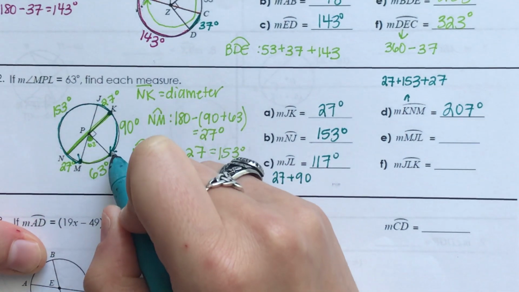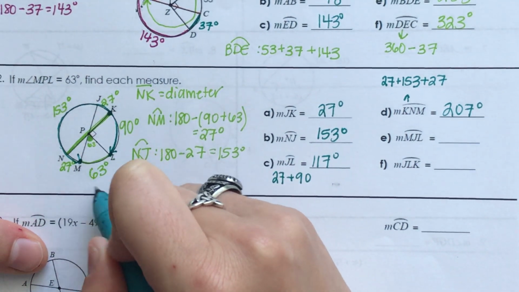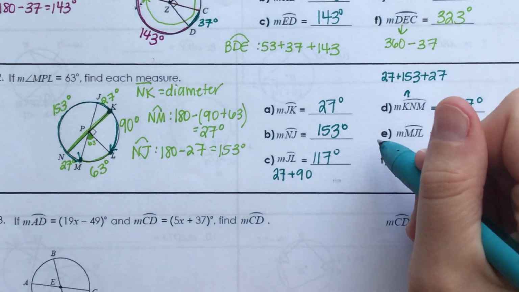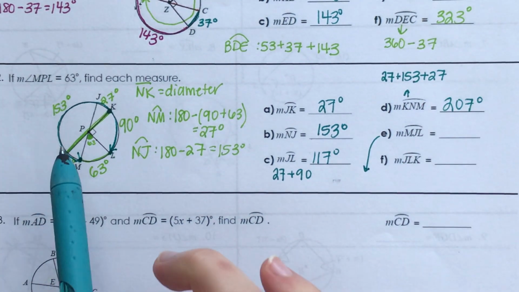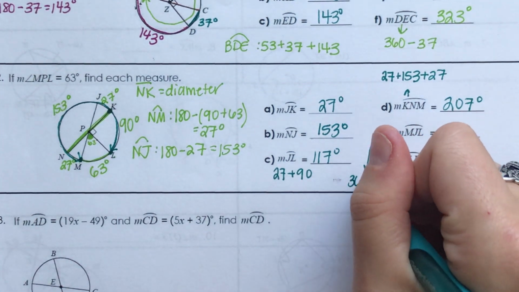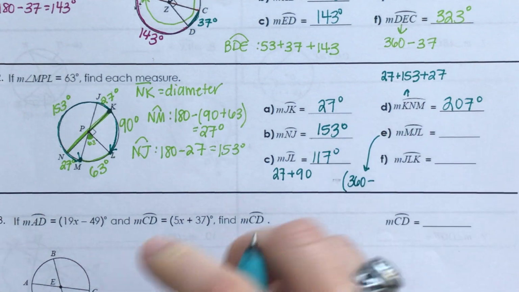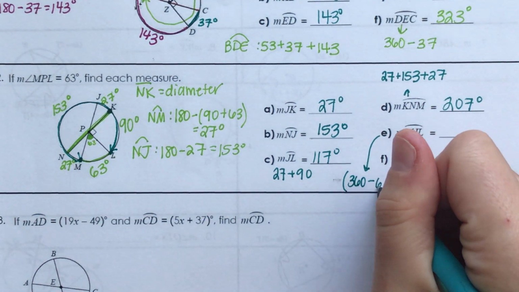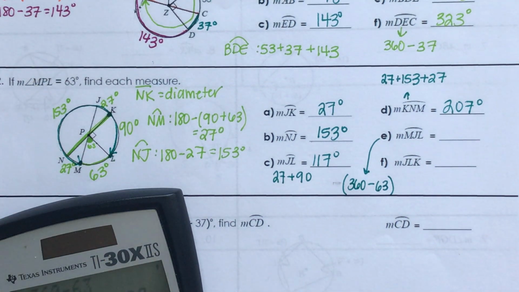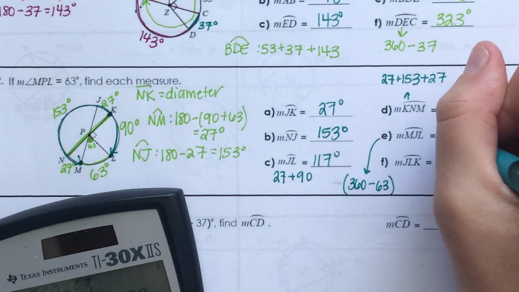It's almost the full 360, except I have to take away this little piece of 63 that's left over. So for this one, you've got two choices. You can either add up all of these pieces together, or you can do 360 minus whatever's left over, 63. And if you do that, you get 297 degrees.